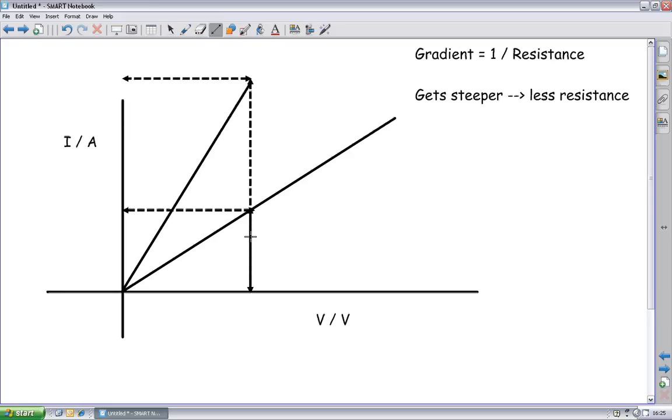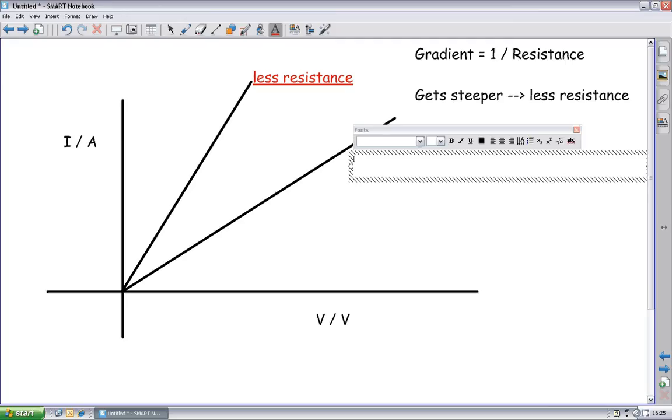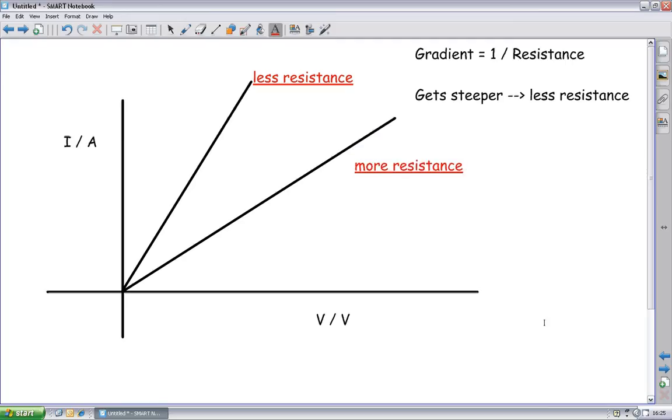So even though these two lines have the same energy per coulomb, the amount of coulombs passing per second in the second graph is actually greater than the first graph. And if any of that made sense to you, you're doing very well. Basically, what you have to remember is that this is less resistance and this one is more resistance. If you've got that, you're doing very, very well.